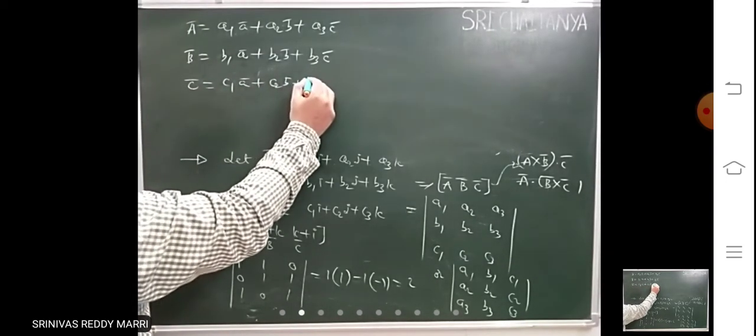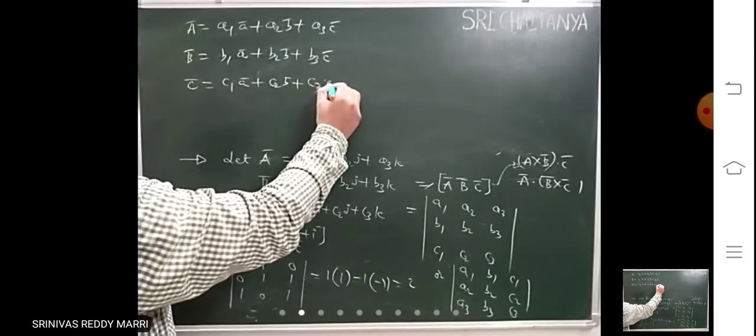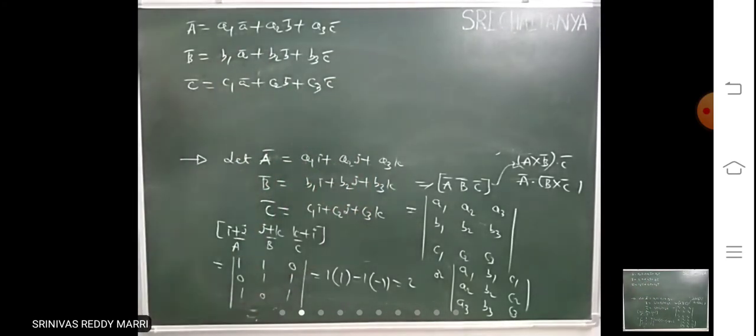Instead of i, j, k, in place of them we have A bar, B bar, C bar.